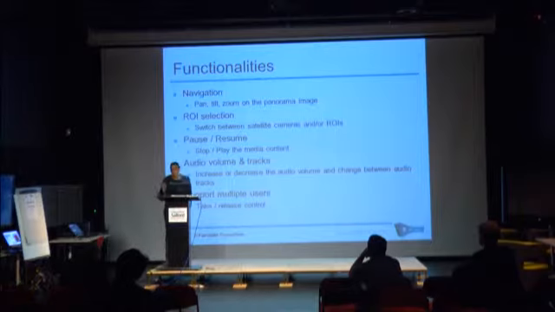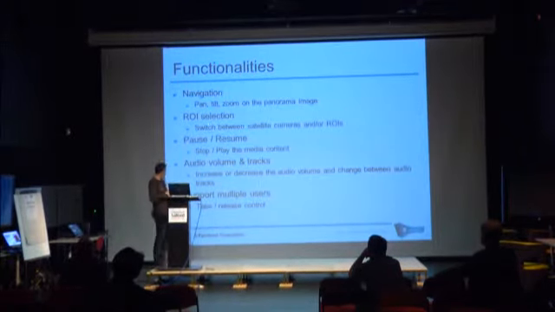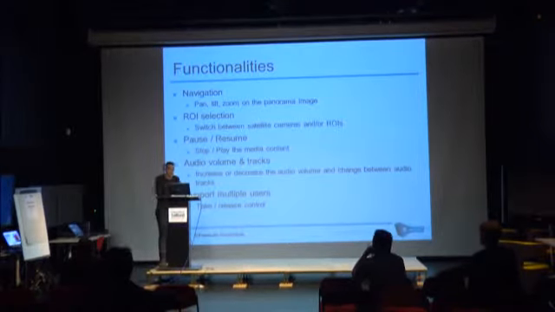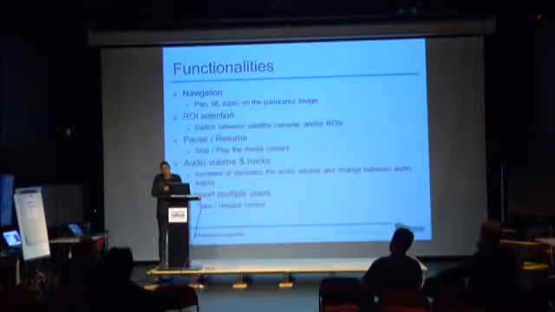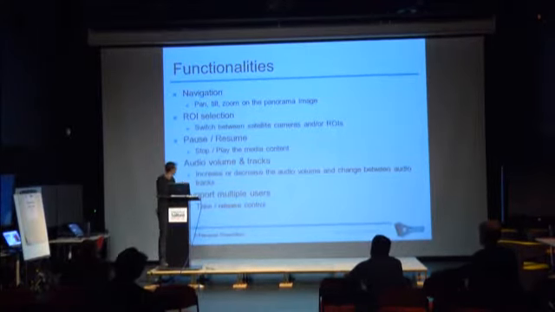Okay, so the functionalities that this gesture control system has are these. The user will be able to navigate through the panorama. The users are able to switch between the satellite cameras, the regions of interest, and the panorama. They can play, pause and resume the video and audio accordingly. They can select the volume and also select the audio tracks.